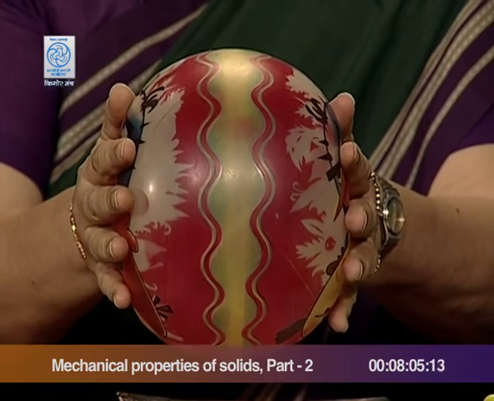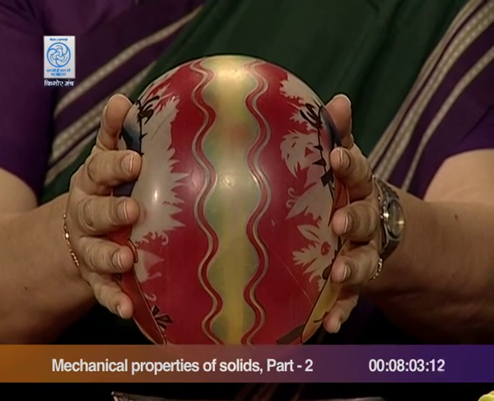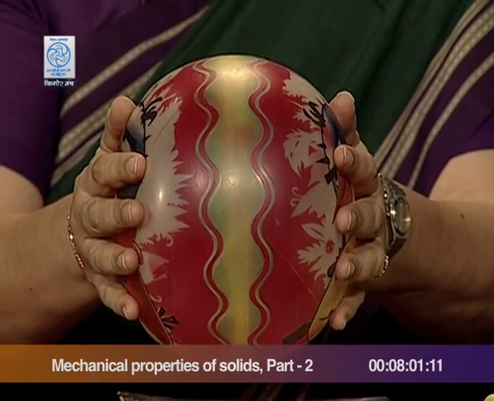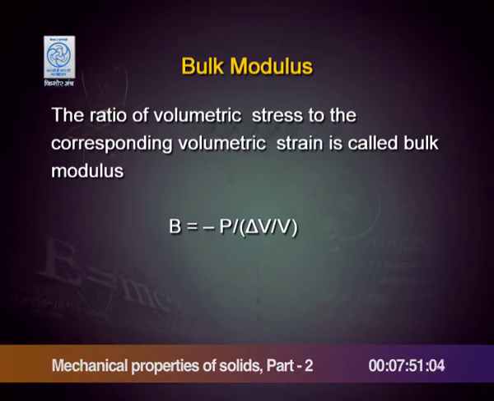That means, I am going to make its volume less. So, positive pressure on it is going to make its volume become less. Therefore, the value for B is associated with a negative sign. It is given as B = -P / (ΔV/V).